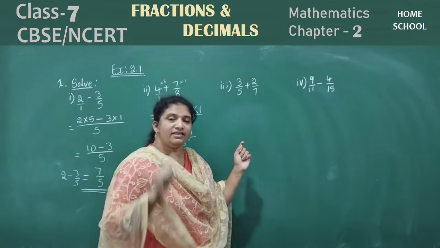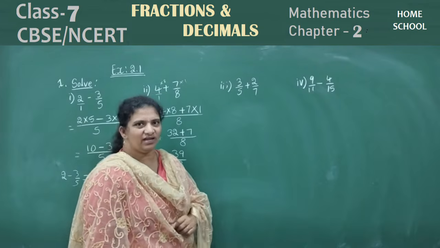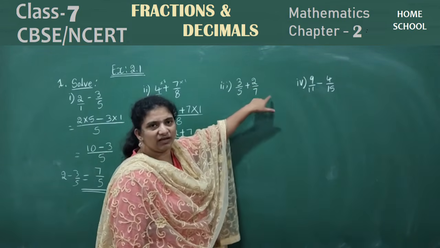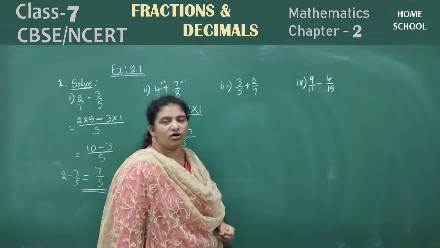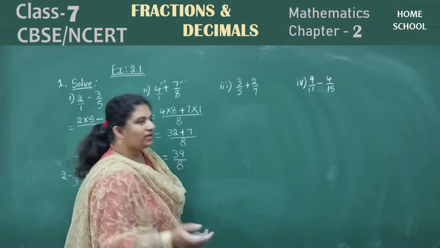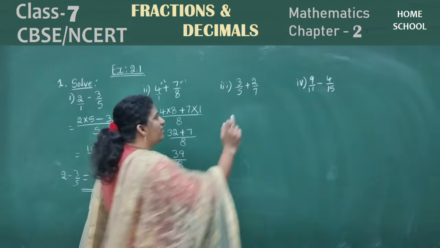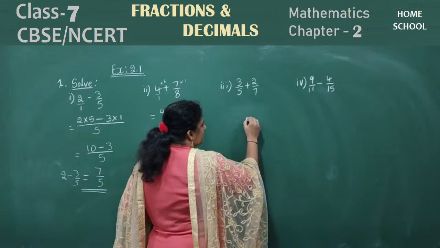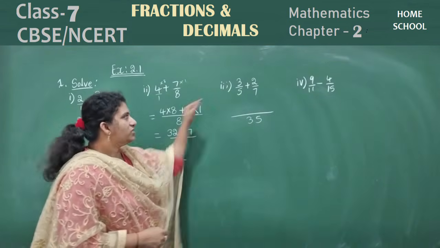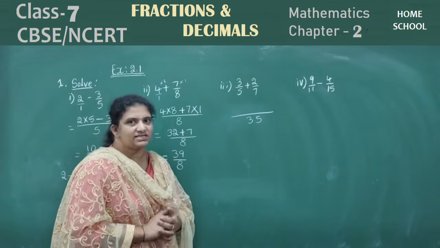So look here, children. As I said, another method of LCM, that is 5 and 7, LCM is 35, right? Multiplying 35 for numerator and denominator, and again multiplying 35 for numerator and denominator, it will be lengthy, right? So, okay, how do we do this LCM here, children? 5 and 7 LCM is 35. Take down like this. Okay, so now in the 5 table where you get 35, 5 7s are 35.